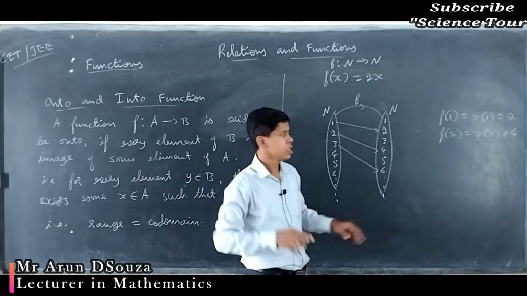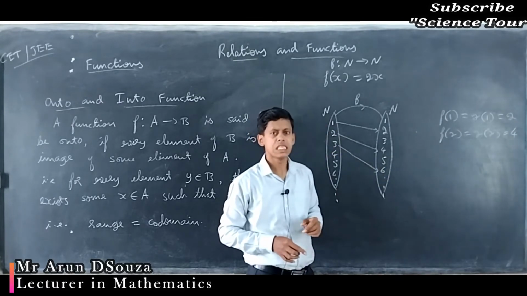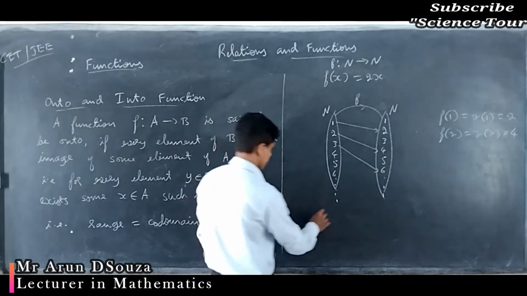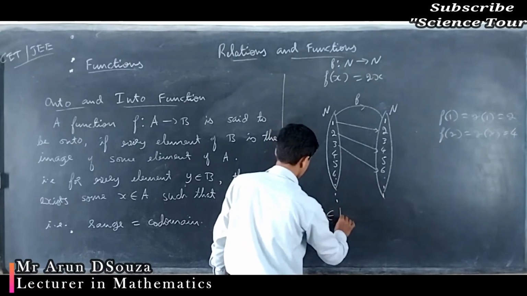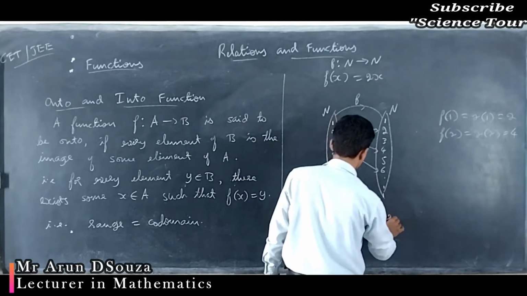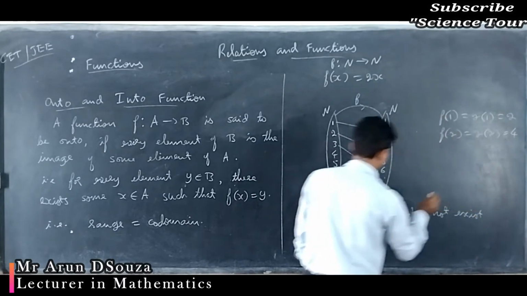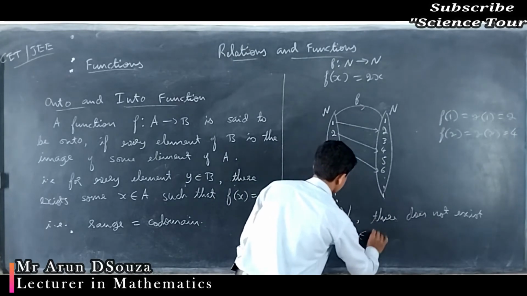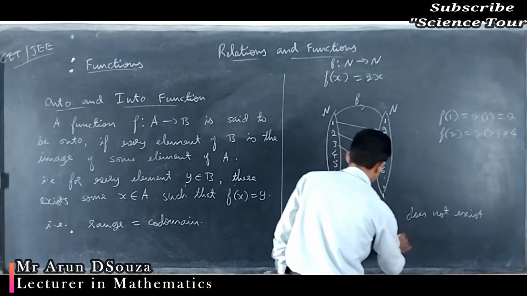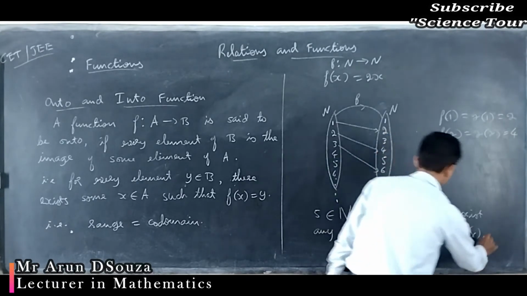This does not happen because you have these odd numbers, which are not the image of any element of A. So in other words, for every element y belongs to B, say I take 5 belongs to B, where B is N itself, there does not exist any x in A such that f of x is equal to 5.